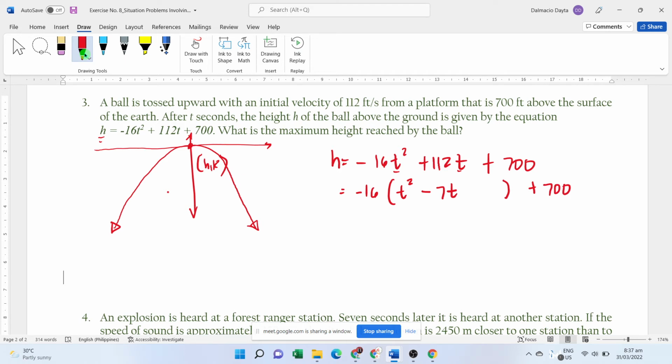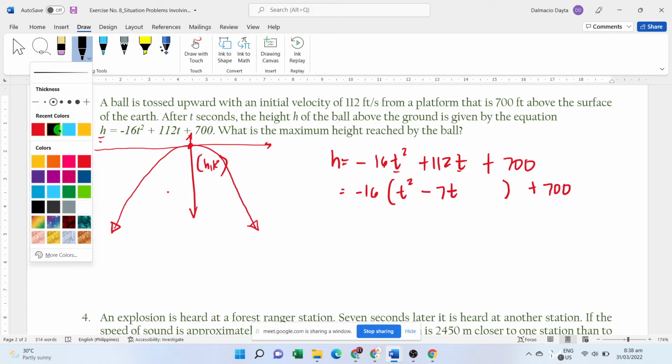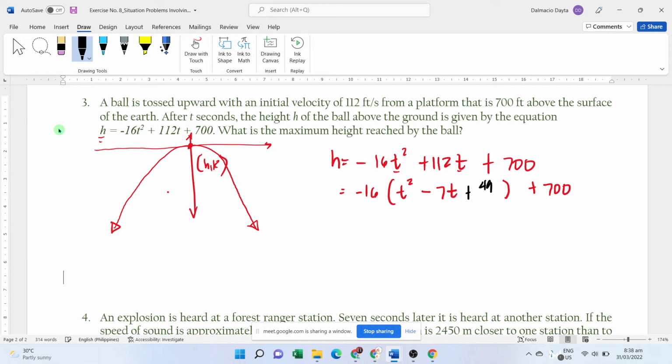Now, complete the square inside the parentheses. Negative 7 divided by 2, squared. So that will be adding 49 over 4 to the expression inside the parentheses.